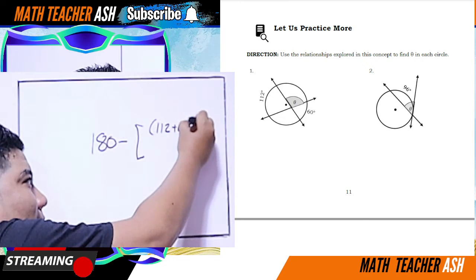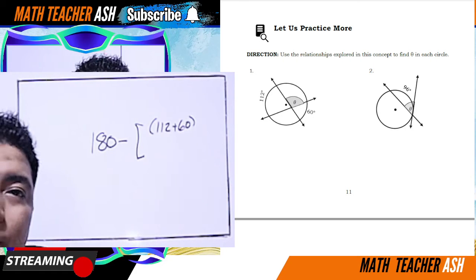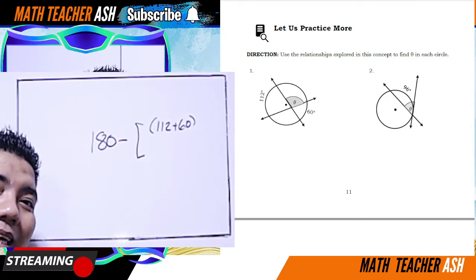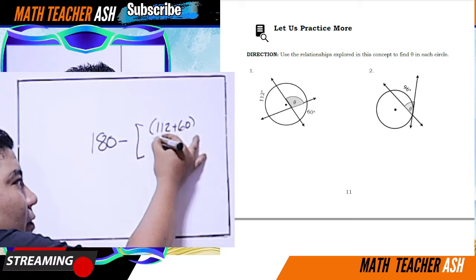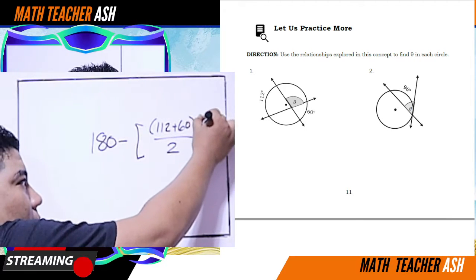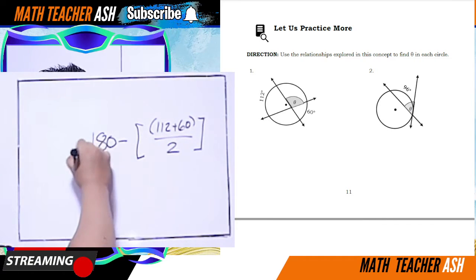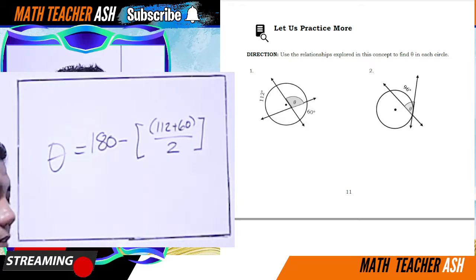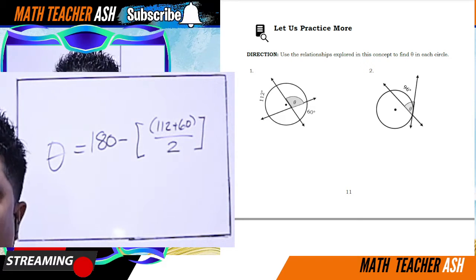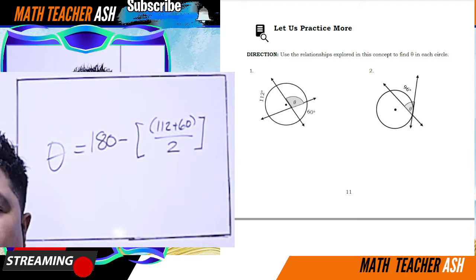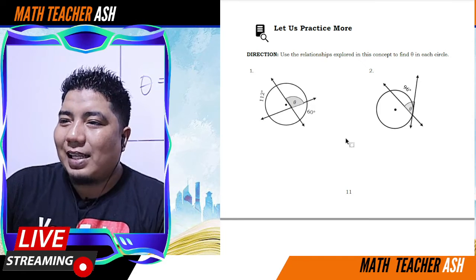Bakit tayo plus? It's because the intersection happened inside the circle. Then divide this by 2. And then, yan. Okay, so that will be the relationship of the theta. Okay, so ganun lang kadali, my dear math learners. So, ganyan ang style dito.